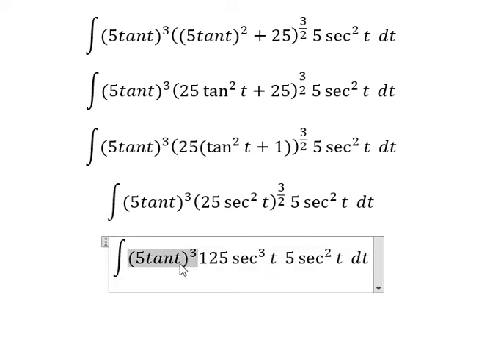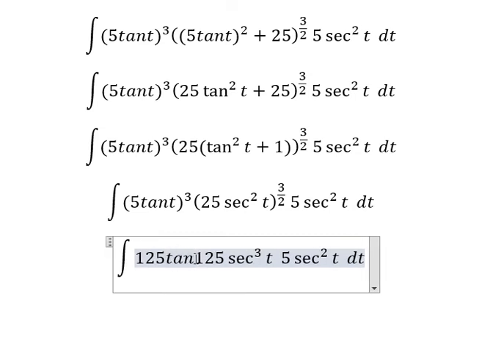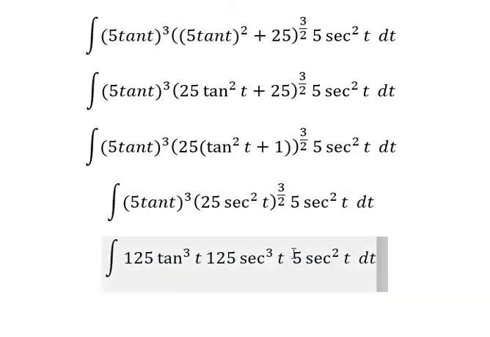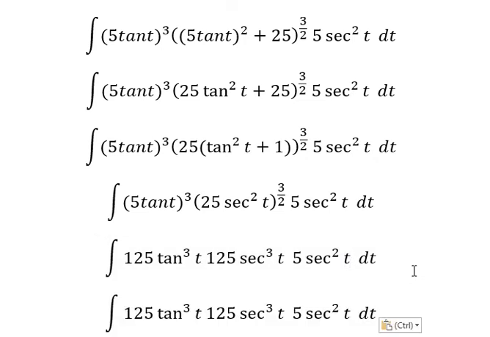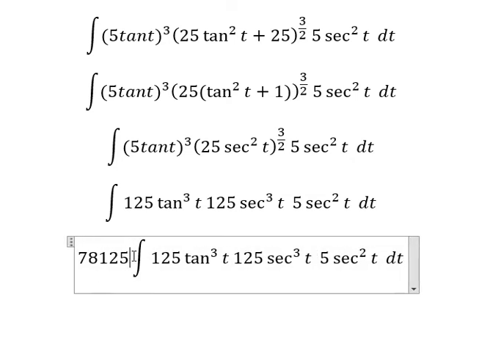This one we need to expand, and we will have 125 times secant t to the power of 3. Number 125 and number 5, we got 78,125.